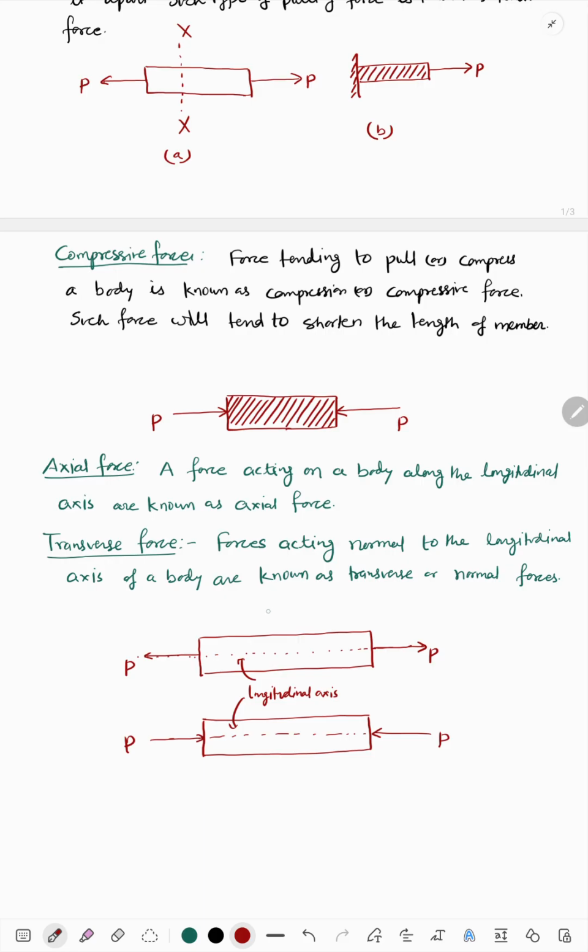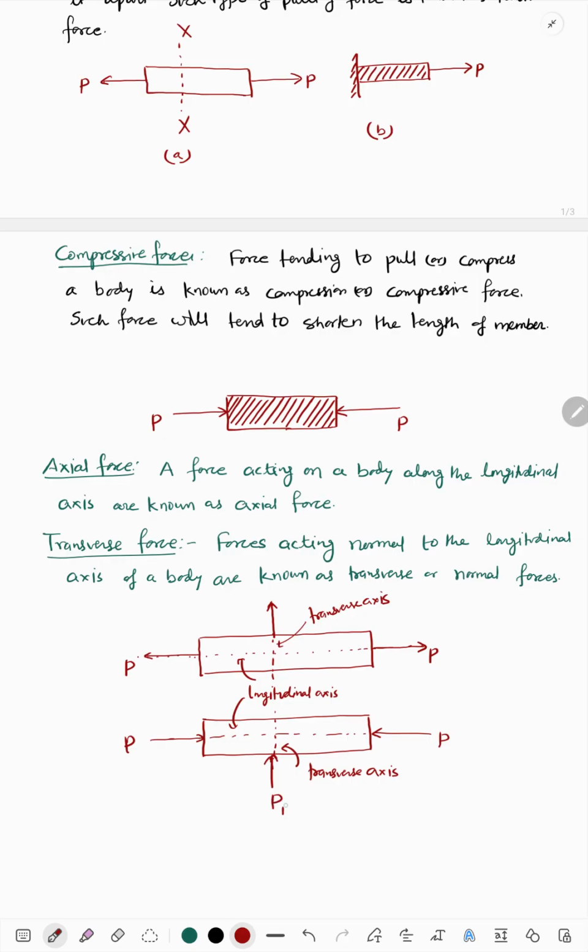And one more, these are the sections, and forces acting along this axis, this is called the transverse axis.